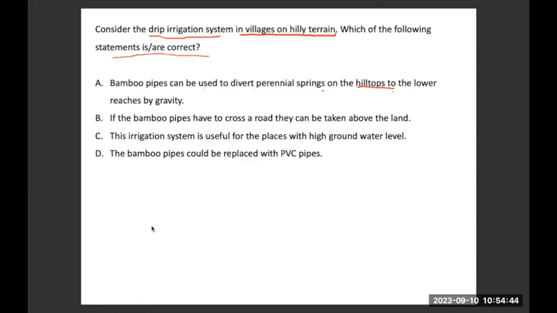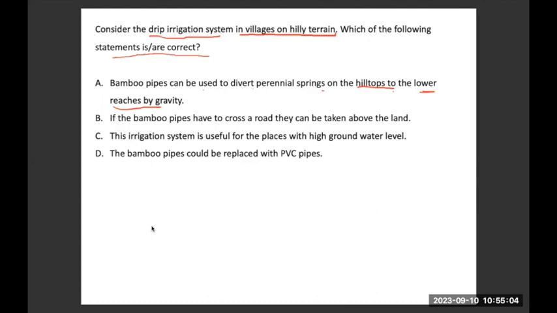Yeah. So in this case, bamboo pipes are used to divert spring water from the top to the lower ends by gravity, which is easily possible in a hilly terrain, where you need some system or vessel to divert water and to contain water.